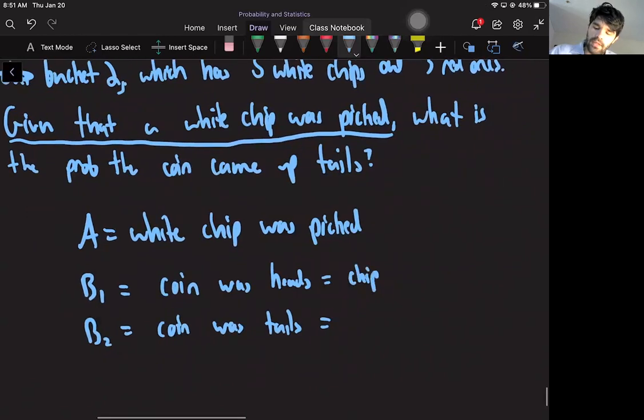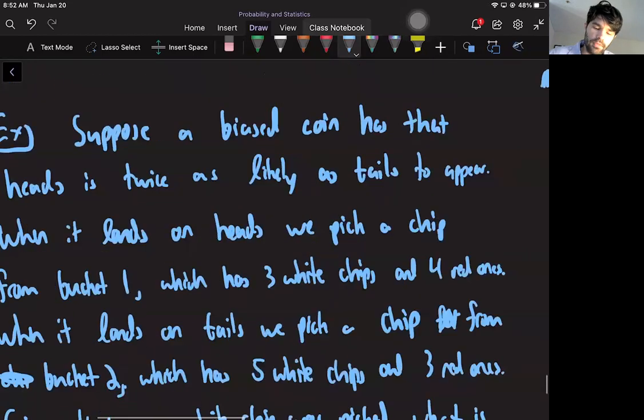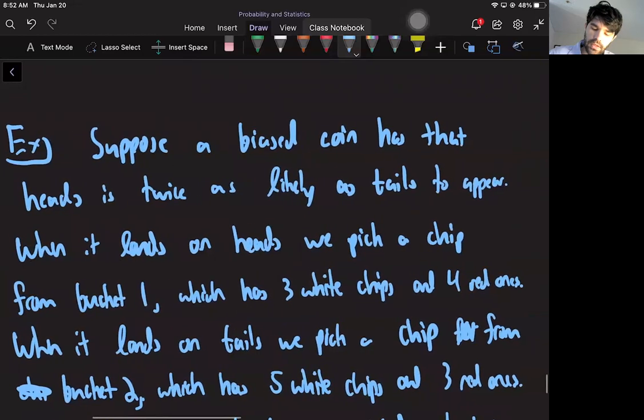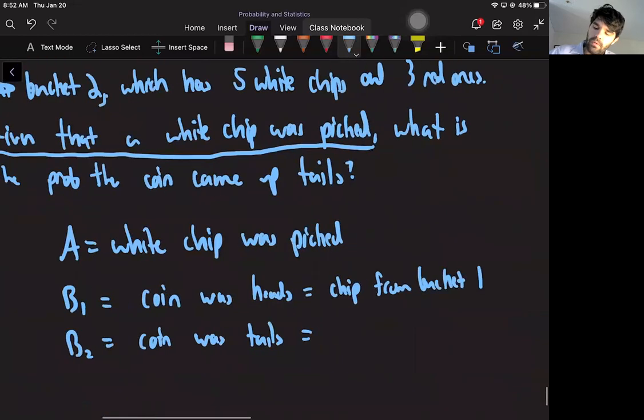That's exactly the same as saying that the chip was from bucket, I forget which one was for heads, but when it lands on heads, you get bucket 1. So chip was from bucket 1, and this is the same as saying that chip was from bucket 2.